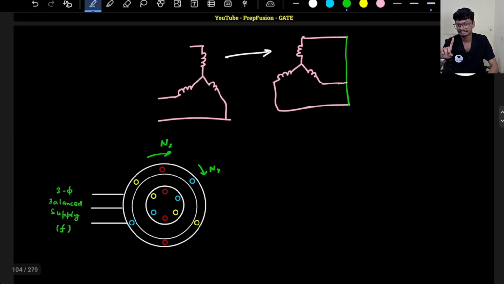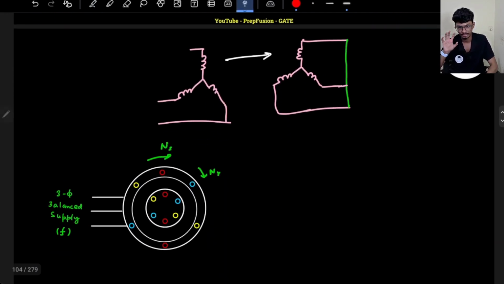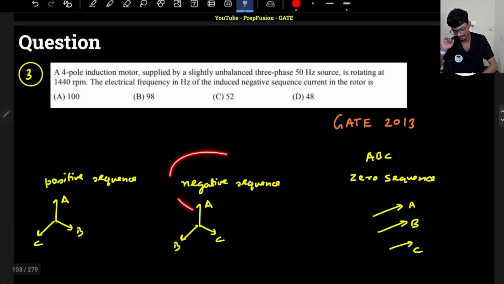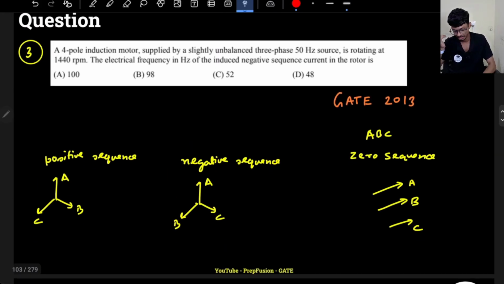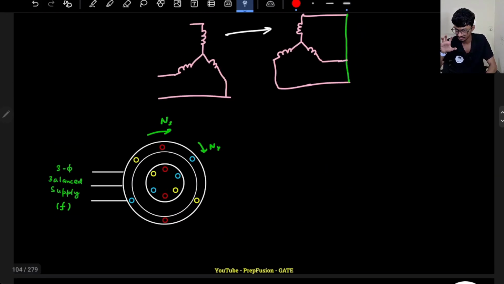Now the thing here is, they are not asking me what is the EMF induced due to the balanced supply. Now the supply contains harmonics, so it has both the positive sequence and negative sequence. Generally the negative sequence magnitude will be lower than the positive sequence, so overall the positive sequence will dominate.